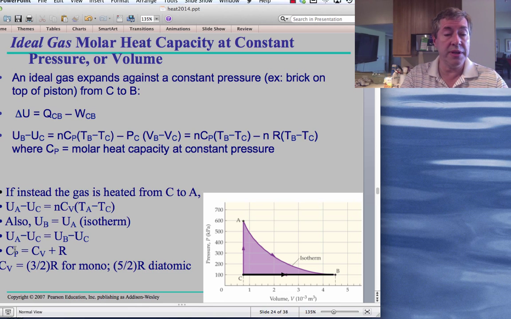If the pressure is held constant, the heat capacity is larger by this extra factor of R.